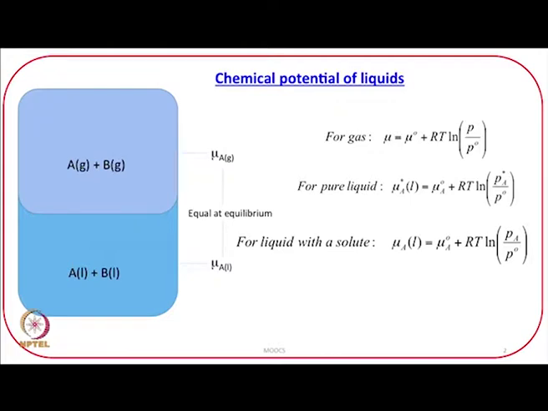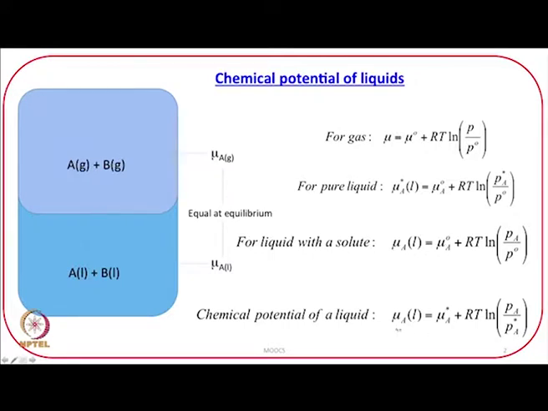Now, the next step is to eliminate mu A naught from these two equations. Once I eliminate mu A naught, the resulting equation is mu A for liquid is equal to mu A star plus RT log Pa by Pa star. Please note that this equation comes by substituting for mu A naught into this equation and then rearranging.